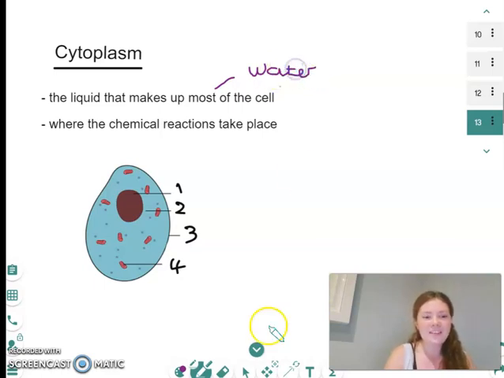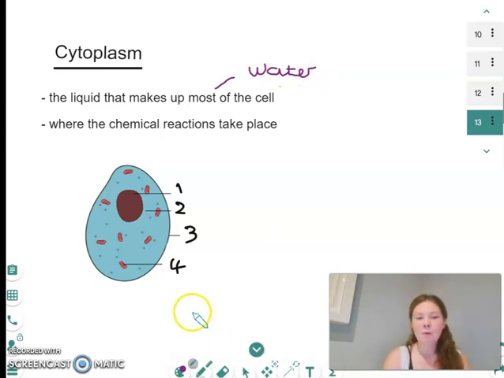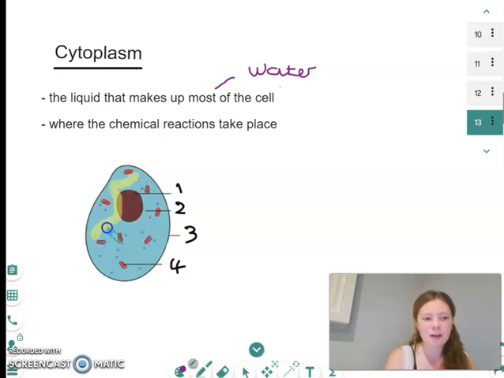Excuse my writing. Great. And can you remember which number is the cytoplasm? Yeah, well done, number 2. I'm not going to colour it all in, but it's everything surrounding all the components of the cell that support it and give the cell some shape.